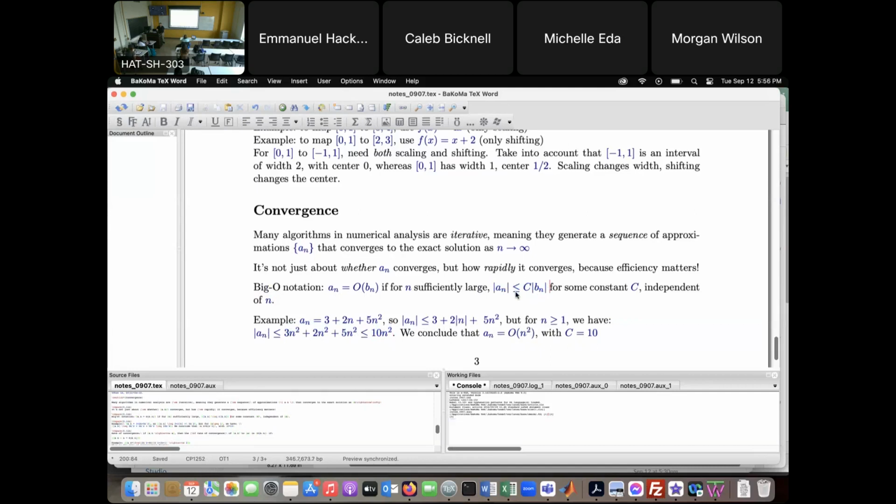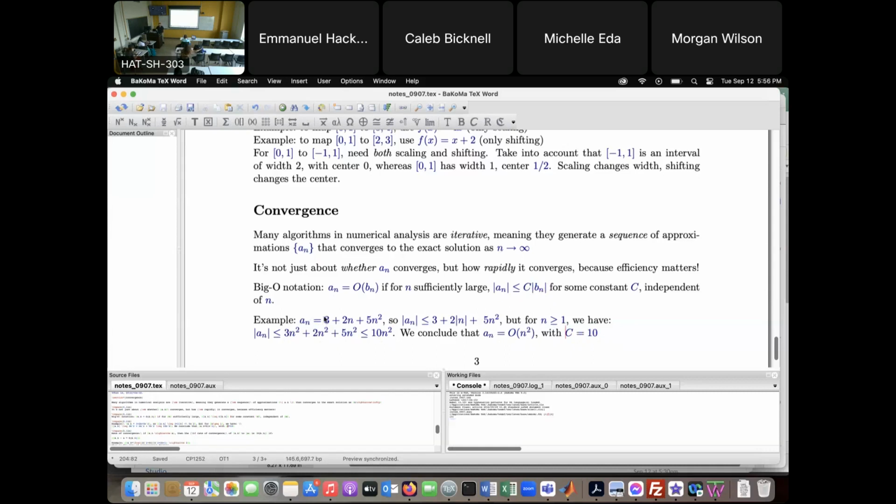An is less than or equal to a constant C times n squared, where the constant capital C in this case is 10. Generally we don't care too much about what the constant is, just that there is one.